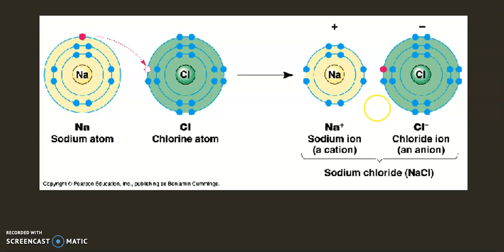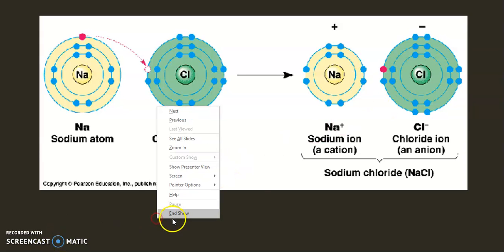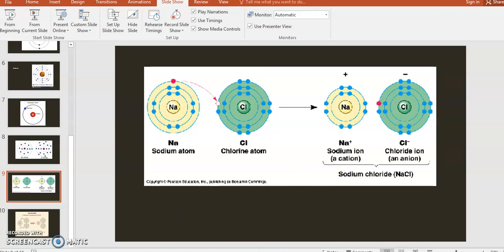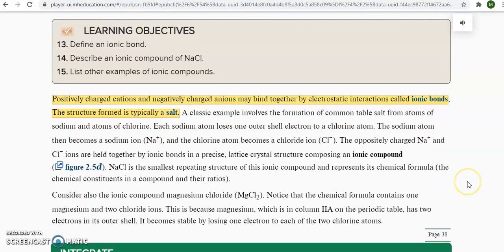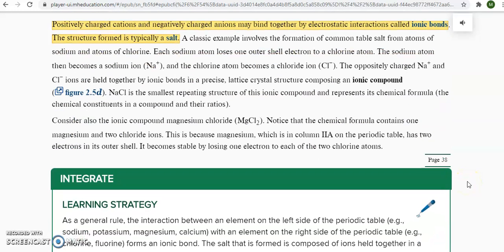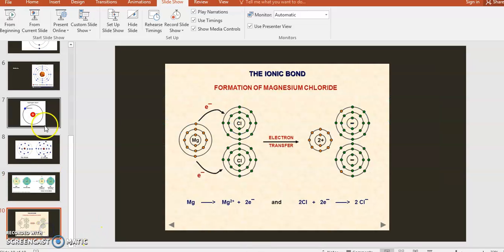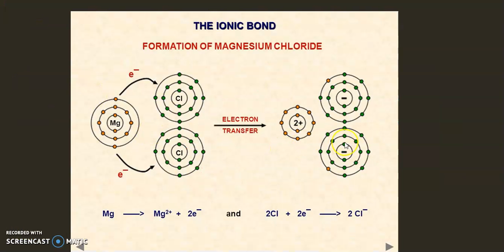All right, now there are other substances, other atoms that will form ionic bonds. There are quite a few, but we'll talk about magnesium chloride. I have a picture of that one too, just to show you a little difference here. Magnesium actually has 2 electrons in its outer shell, and remember it needs 8.